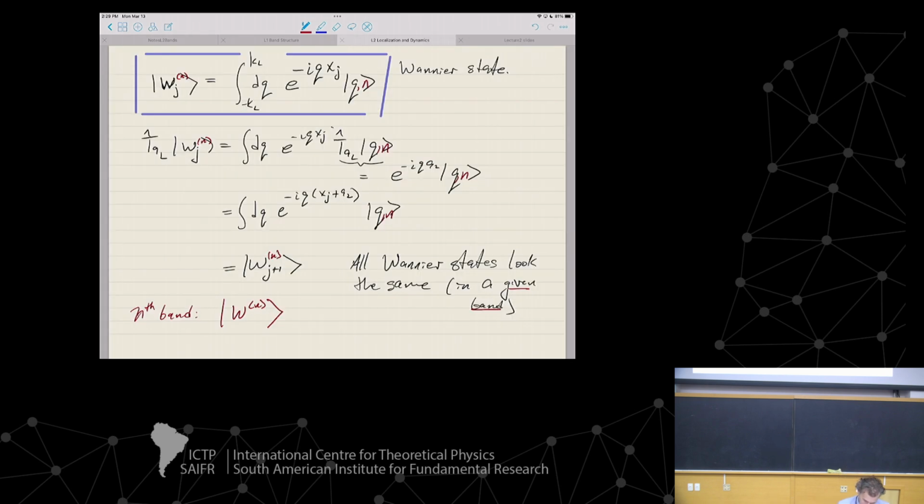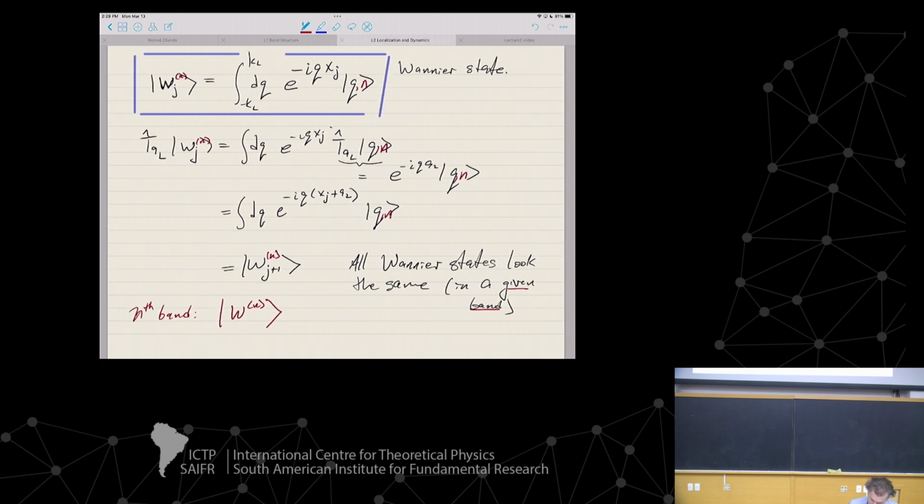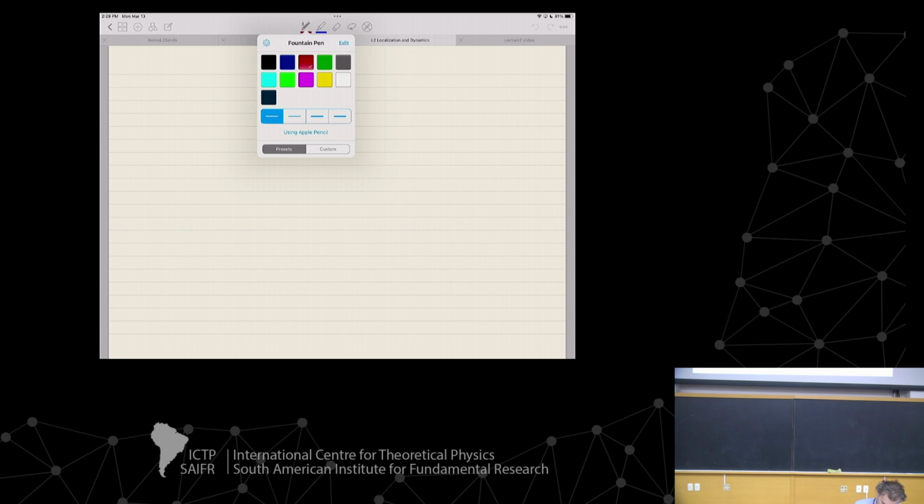All right. So, yeah, why don't we do that now? So what we have so far is a nice orthonormal basis of Wannier states, and this has a kind of conjugate relationship to the Bloch states.